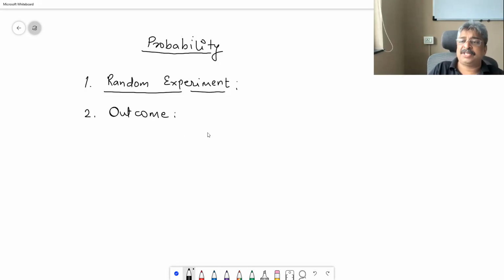These are standard definitions and available everywhere. You should not waste time, nor will I waste time writing on the whiteboard. We are just checking whether we understand these terms or not. Outcome: the result of a random experiment is called an outcome. Third term is equally likely outcomes.